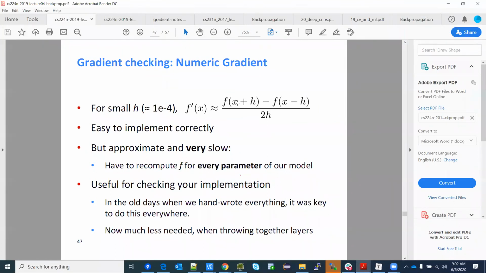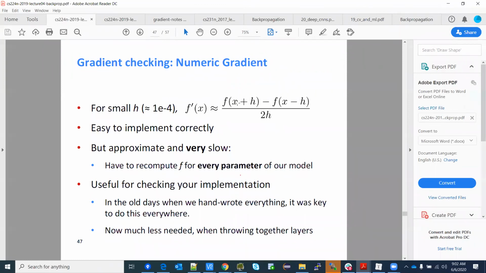If you look at it, you'll recognize that it's very similar to the definition of derivative, except normally it's not a centered derivative. This is centered on the point x, and the reason they do it that way is because it's more numerically stable. But you can see that it's exactly equivalent to the definition of the derivative.